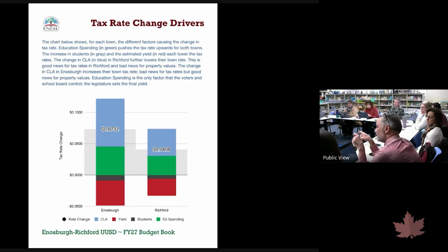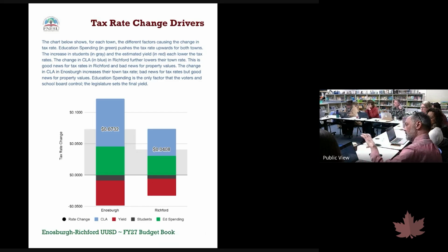The green is that change in ed spending, or what you're proposing for your budget, minus what we're expecting for revenue, and you'll see that drives the tax rate up. And if you look for both towns, if you kind of look at the green above the line and the black and red below the line, both Enosburg and Richford, those are kind of netting out to zero, and that's really why we're seeing that slight decrease on the district-wide tax rate.